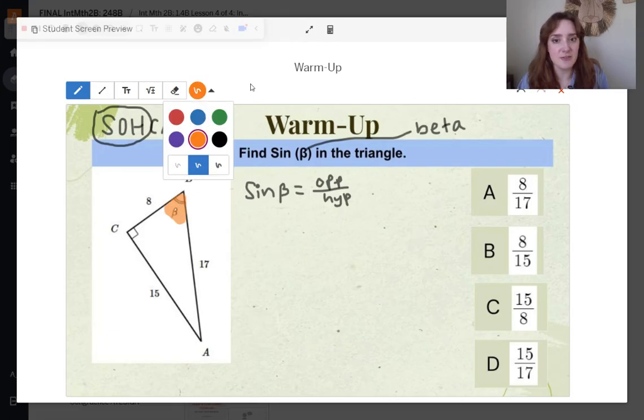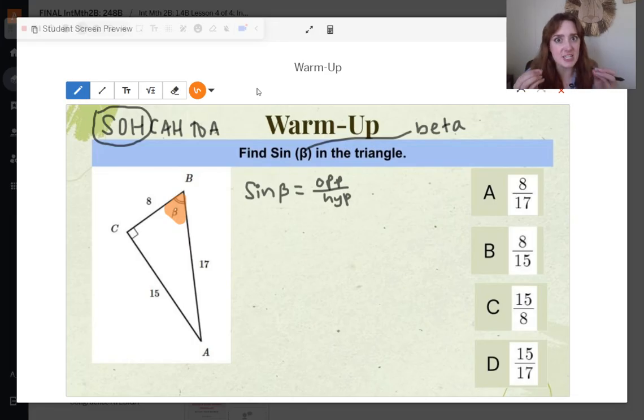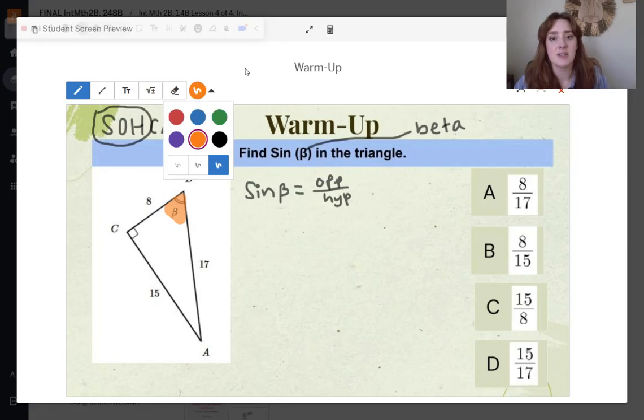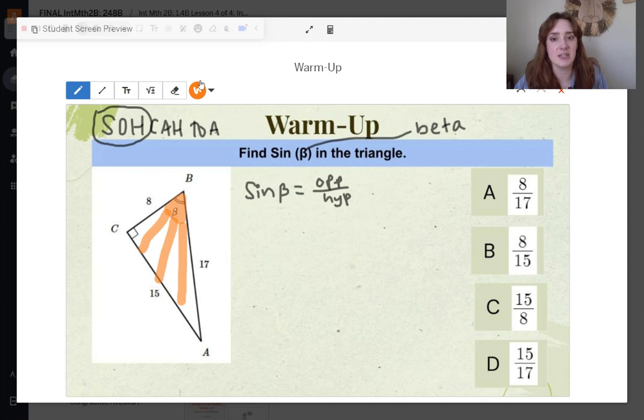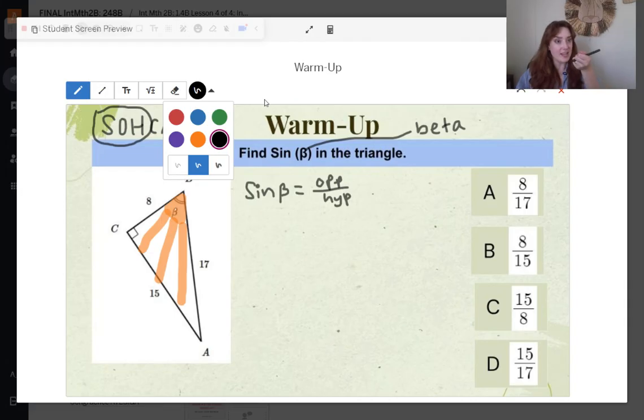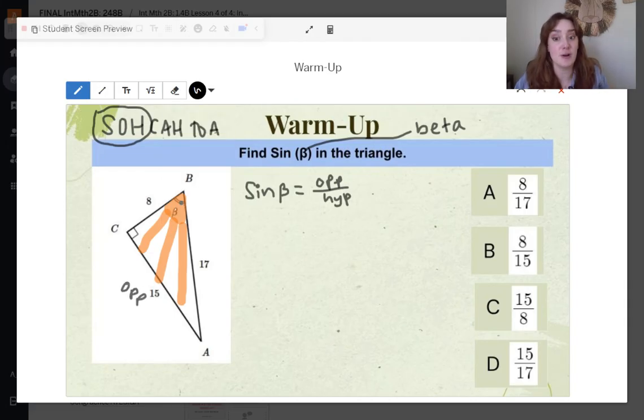Imagine that we have a flashlight and we are in the corner of beta. We're pressing that corner, shining the light across. This is where the light will shine. You can visualize that. So if we shine it from that corner, this is going to be the opposite side from that angle.